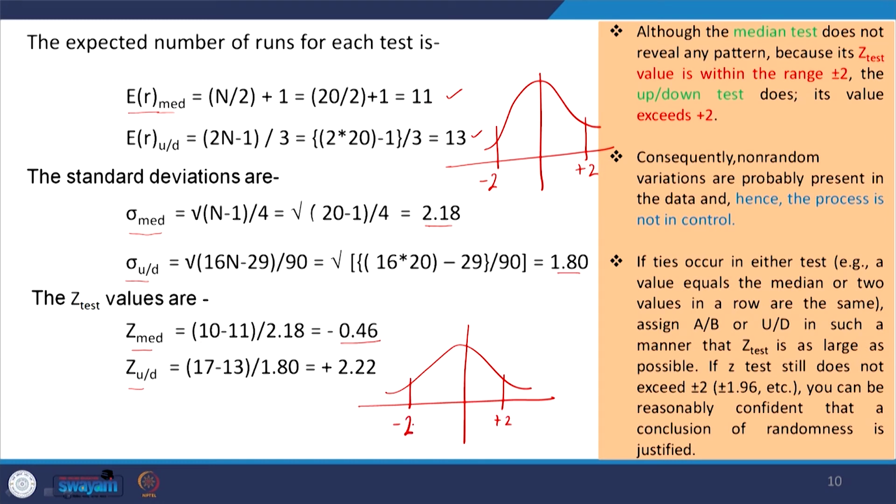Now, in one curve, which is let us say for the median, the value of Z is coming minus 0.46 somewhere here. So, you can understand this is within acceptable limit.